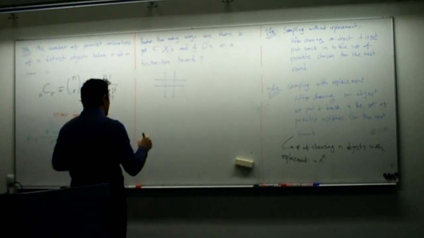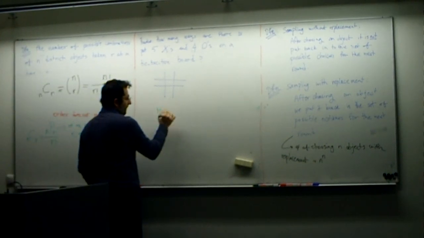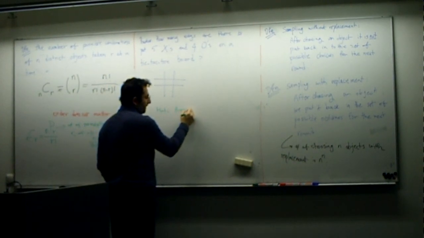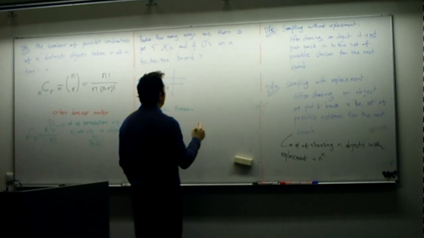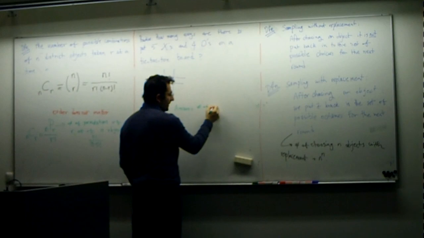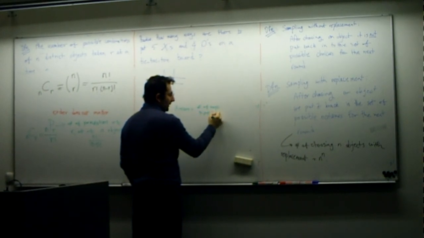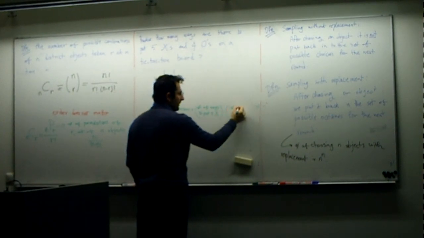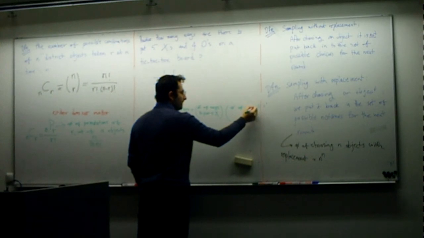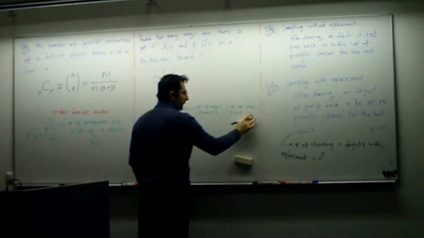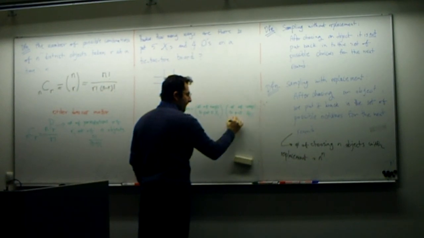So, hint, the answer is the number of ways to put 5 x's multiplied by the number of ways to put 4 o's.